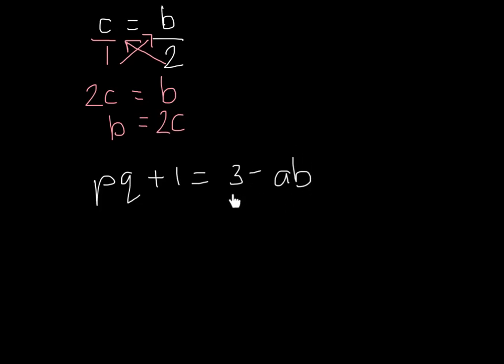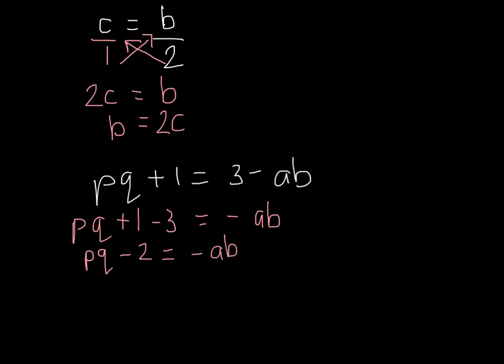The 3 is actually a positive number, so it has a secret plus in front of it. So when the 3 gets moved over, it'll change to minus 3. So I'm going to get PQ plus 1 minus 3 equals minus AB. And then we could simplify that a little bit, because 1 minus 3 is minus 2, equals minus AB.